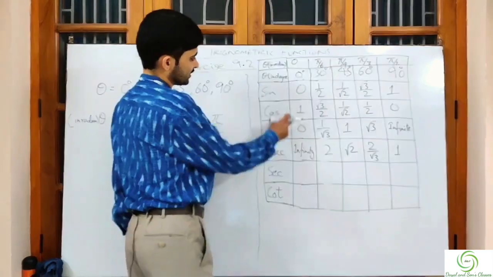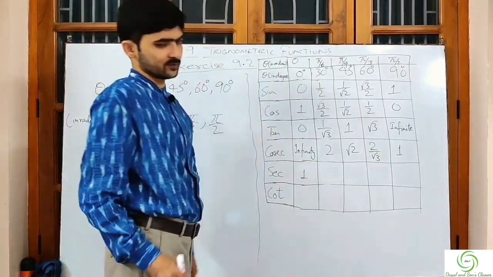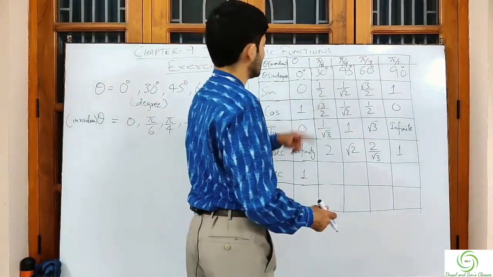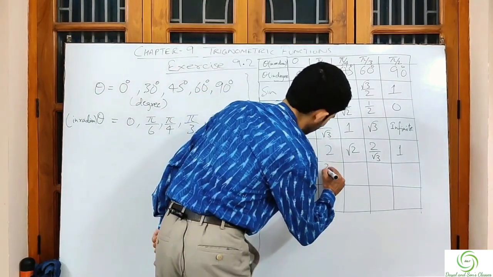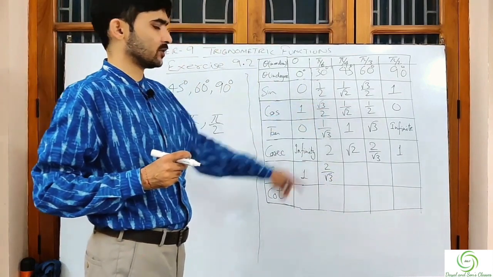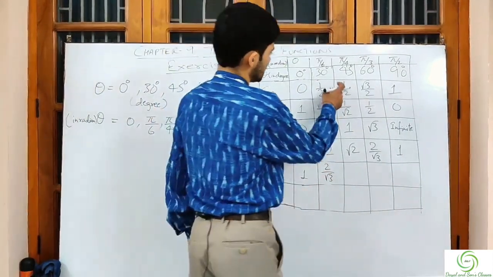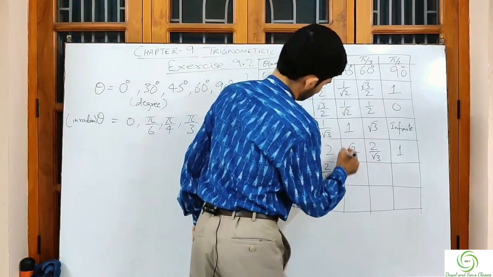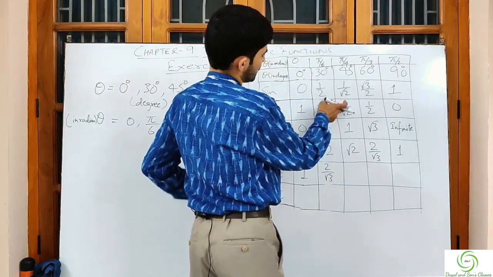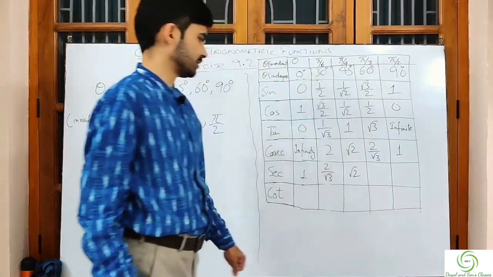Similarly for sec, cos 0 is 1, inverse of 1 will be 1. Now 30 will be 2 upon root 3, 1 upon cos means 1 upon root 3 by 2 means 2 upon root 3. 45 degree will be equal to root 2.